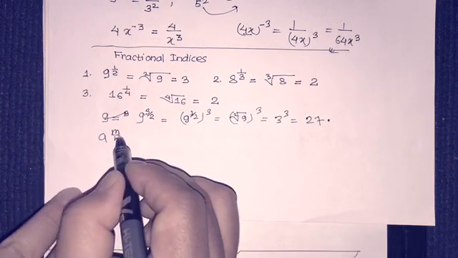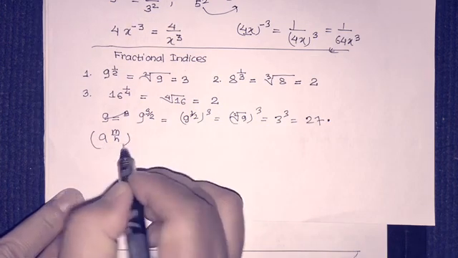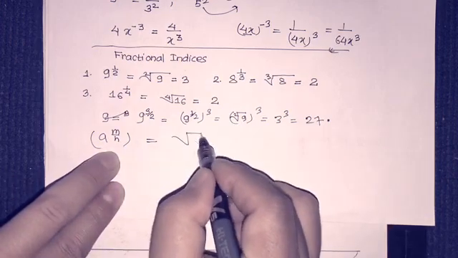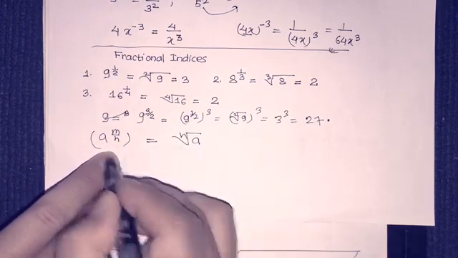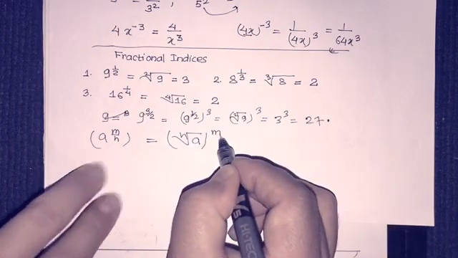so in this power m is the numerator, n is the denominator, then this becomes the n-th root of a. Okay, and that power is raised here.